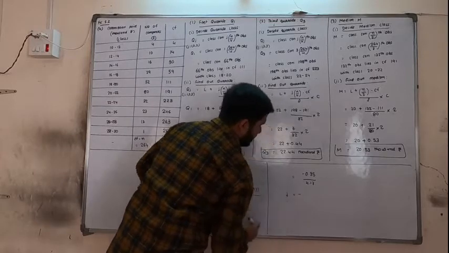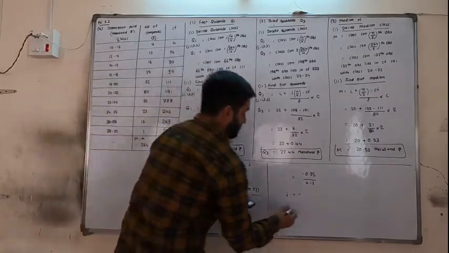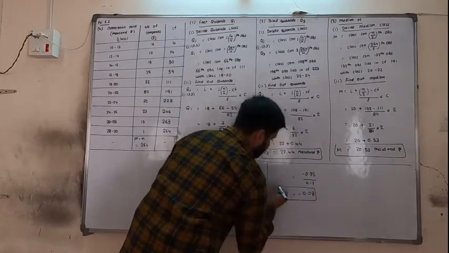So the answer would be minus 0.35 divided by 4.17, which is minus 0.083, so minus 0.08.